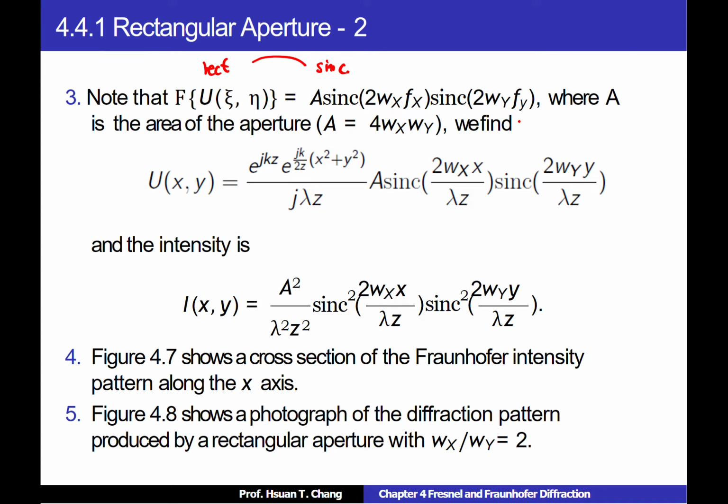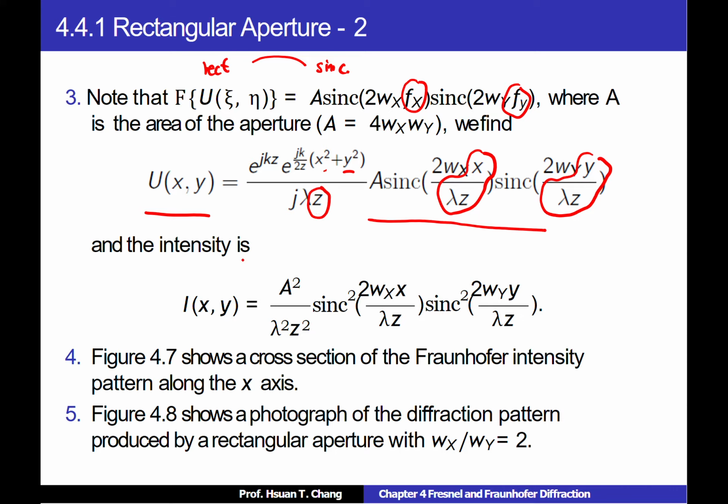Once again we replace fx and fy with x over lambda z and y over lambda z, and this is what we get. This is what we have in the observation plane, everything given in terms of x, y, and z.